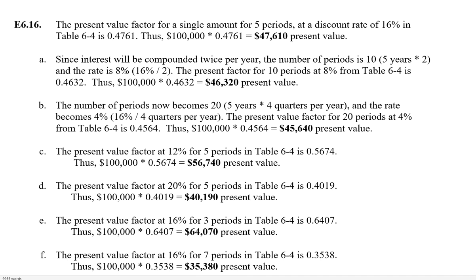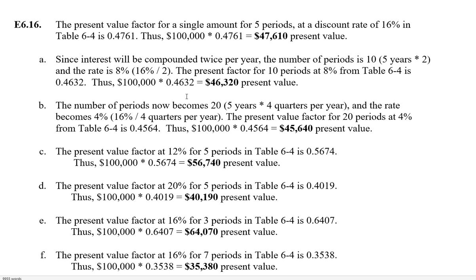And then we'll want to take the interest rate and bring it to whatever the period is. So you're matching the interest rate to the period. So it's 10 periods then, which is really 10 half years. And then we're compounding at 8%, which is 1/2 of the annual rate. And then we get a factor from the 6.4 table of 4632, which gives you a different present value, as you'll see here.